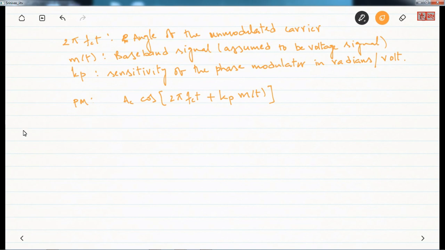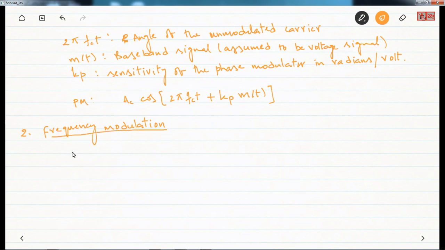So now the second type of the angle modulation is frequency modulation. Right?